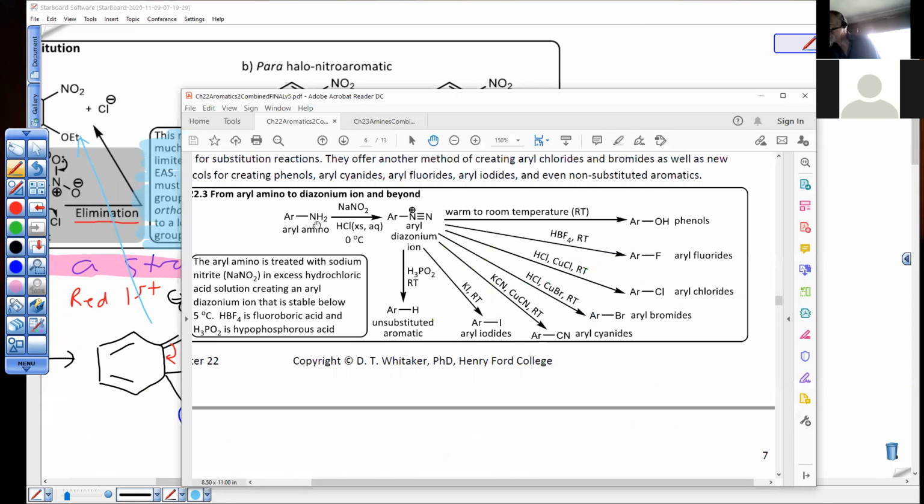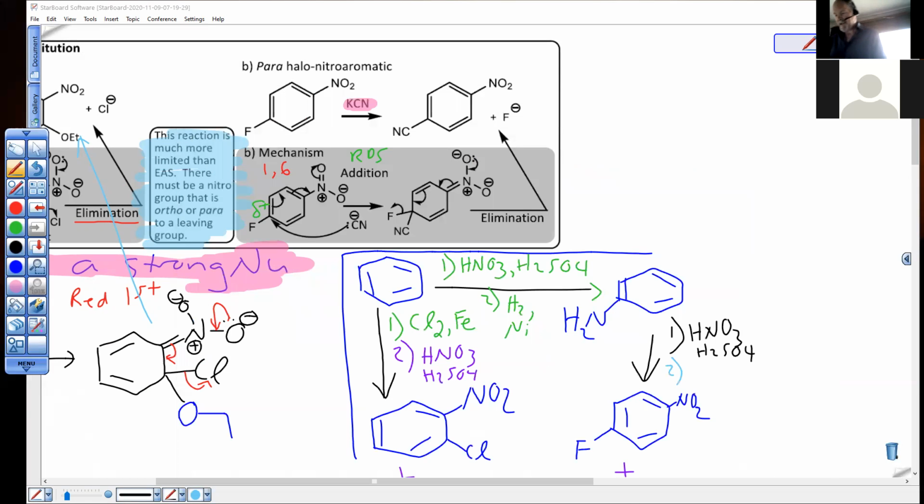It means convert it to a diazonium ion using this protocol. You have to know this protocol. That protocol being NaNO2, HCl aq, 0 degrees Celsius. So now you're at the stage where you have an N triple bond to N here.